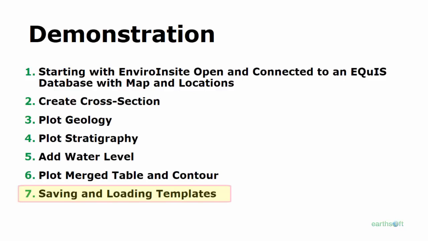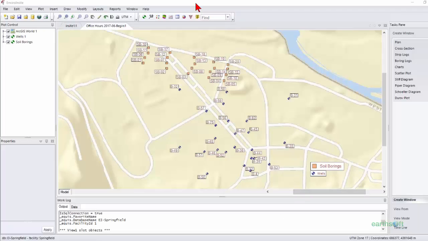At that point, we'll do a second cross section, load that template back in, and see where we get from there. If we have enough time, we may do a couple other things on that second cross section. So without any further ado, let's go ahead and get started with our demonstration.